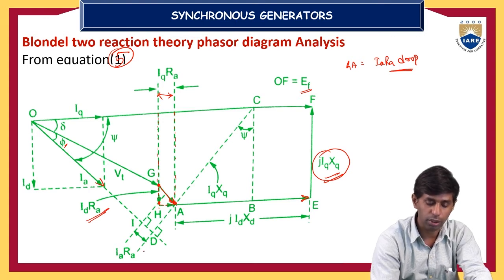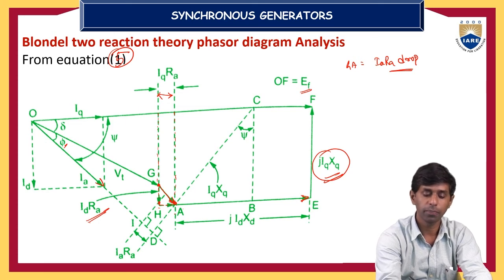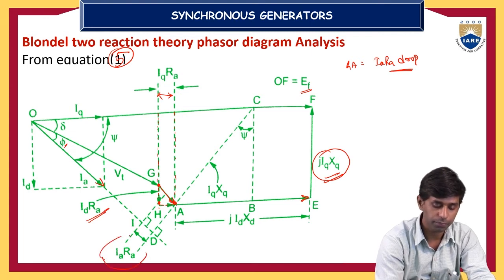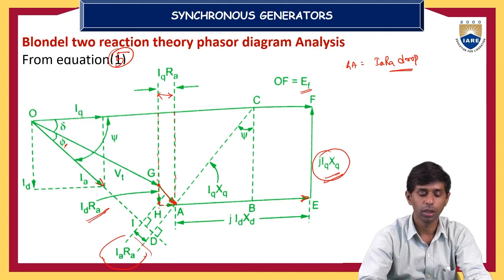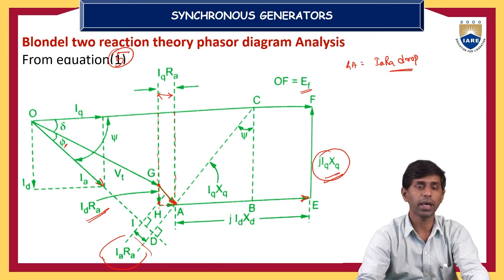HA represents the drop due to winding resistance along with the quadrature axis, and this will be IQRA, and this will be IARA. This is your quadrature axis component winding resistance drop and direct axis winding resistance drop.